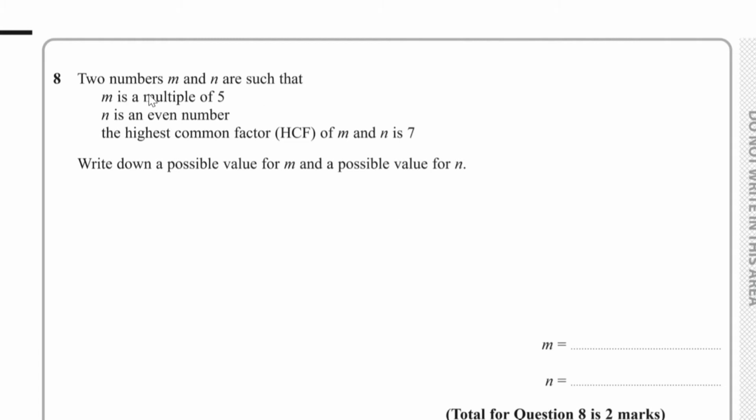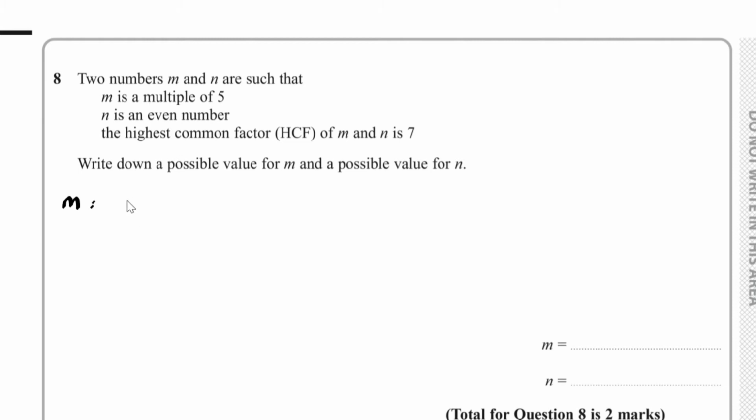Question number 8. Two numbers m and n are such that m is a multiple of 5 and n is an even number, and the highest common factor of m and n is 7. We have to write down a possible value for m and a possible value for n. Well, let's focus on m to begin with.